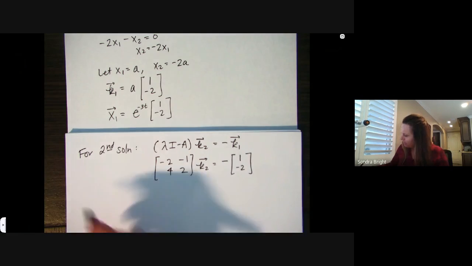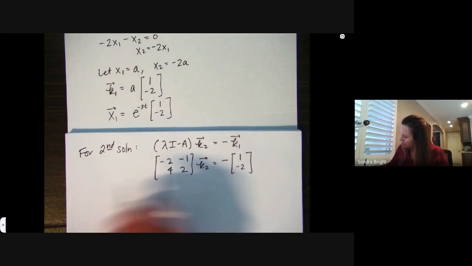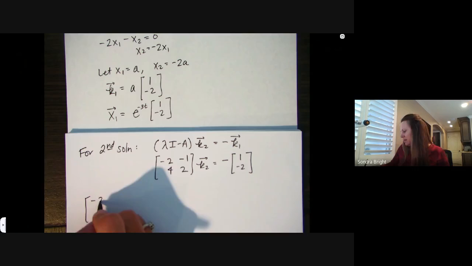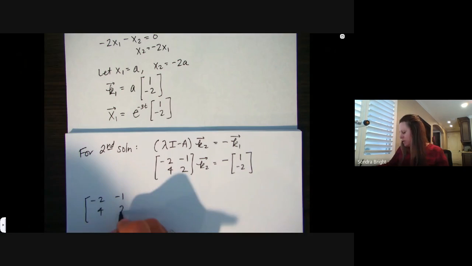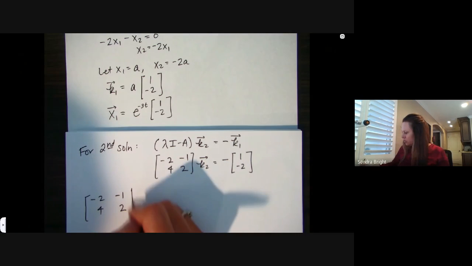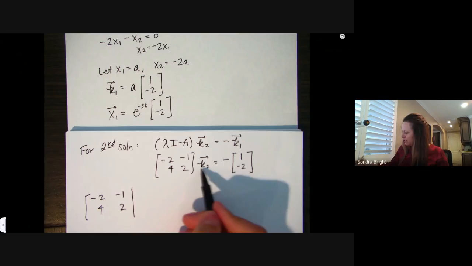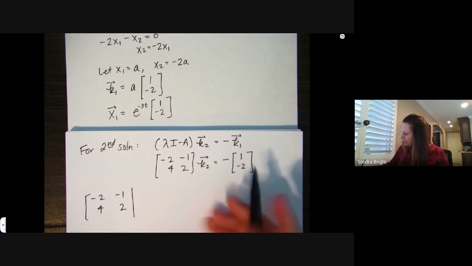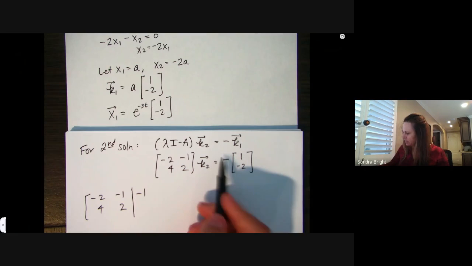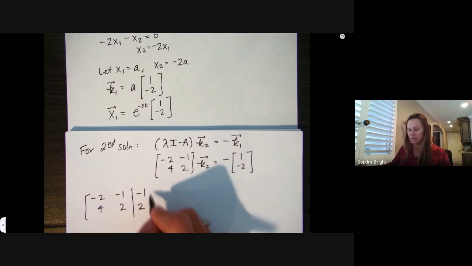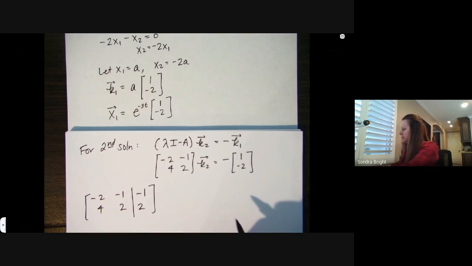I'm going to solve this equation by doing an augmented matrix, negative 2, negative 1, 4, 2, and then it's equal to, these are my k2s, negative 1, I'm distributing the negative in here, and then a positive 2. So that's what we're solving for, to be able to solve for k2.